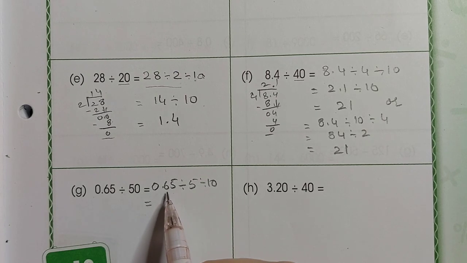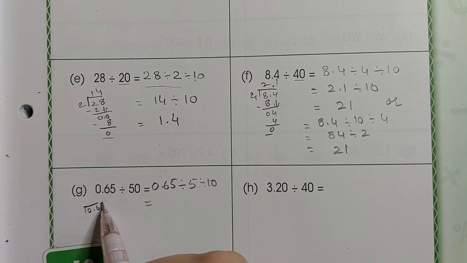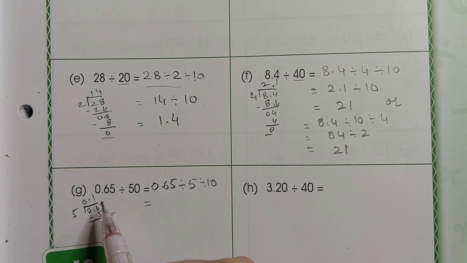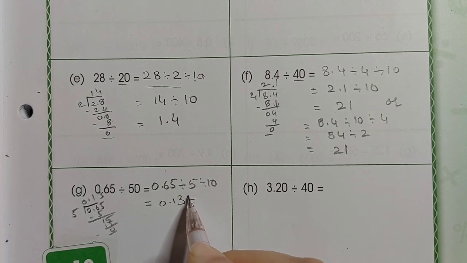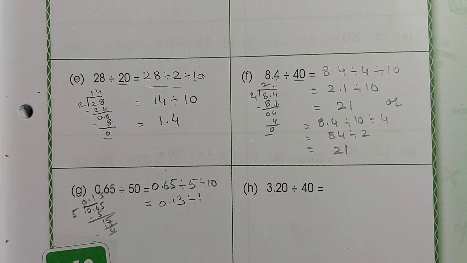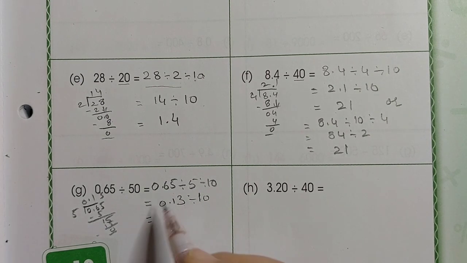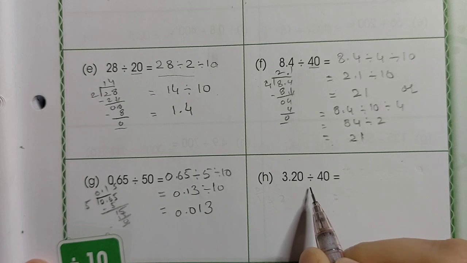When you divide 0.65 by 5, first of all you will put the point here. 5 1s are 5, it will become 1, 5. 5 3s are 15. It will become 0.13 divided by 10. So when you divide by 10, you will shift the decimal towards your left. It will become 0.013.